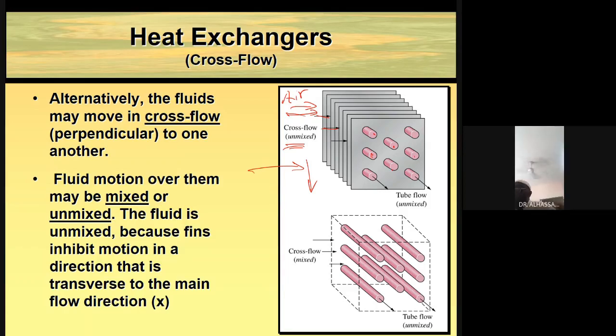For all cross flow situations, the fluids are always perpendicular to each other, and we say that this is unmixed.